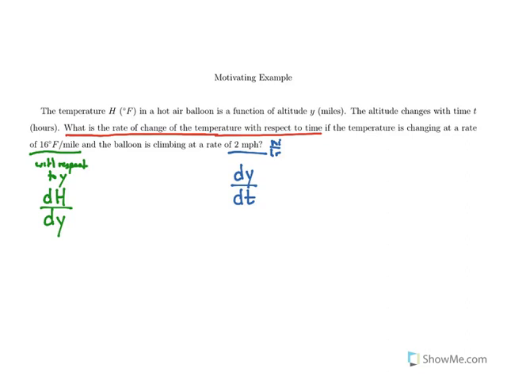So if we know that we are increasing 16 degrees every mile, and we increase 2 miles every hour, how many degrees are we changing per hour?